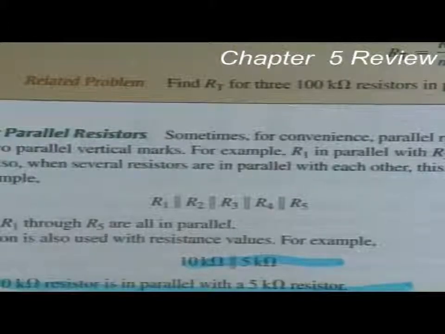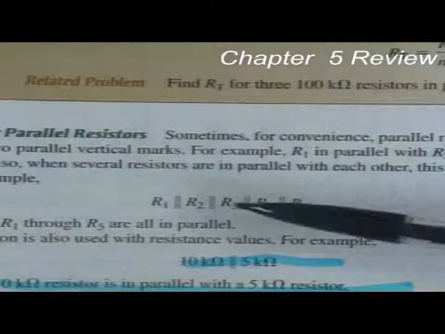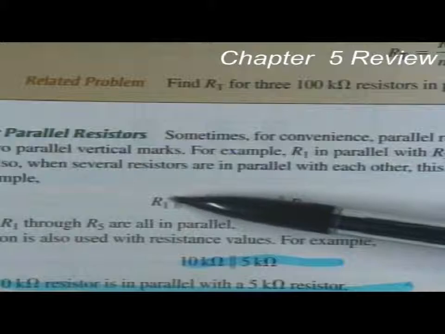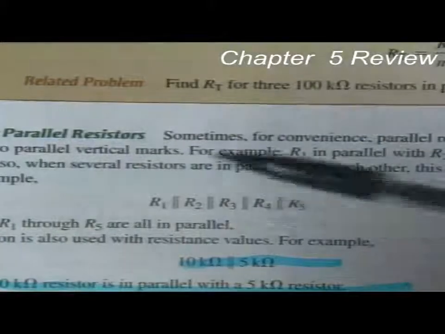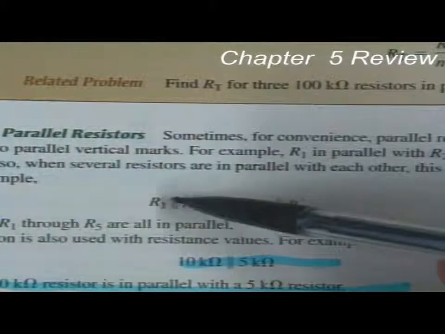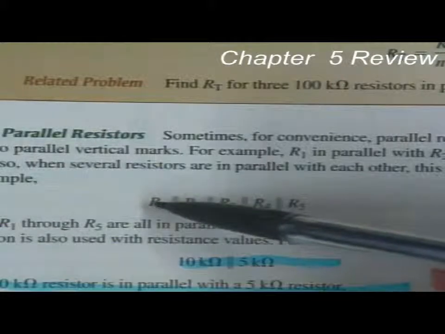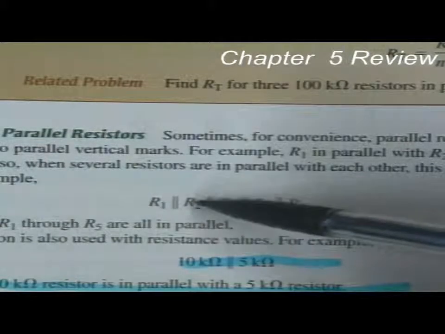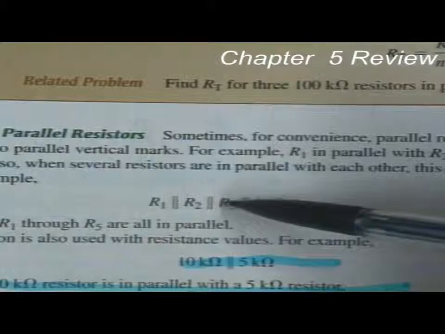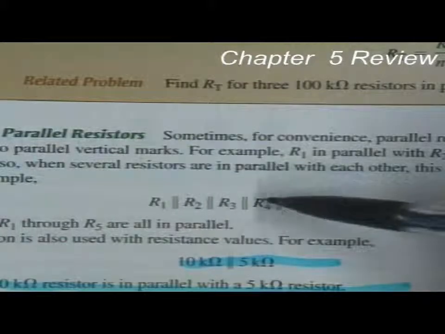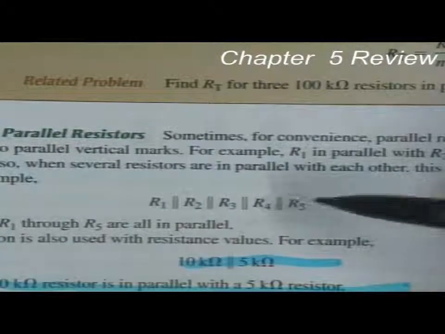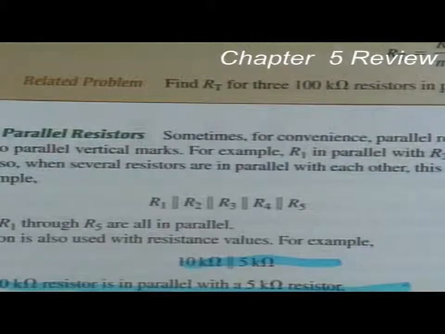Now let's look at resistors in parallel. One way to represent resistors in parallel is with this notation, where R1 with these two lines means the resistors are in parallel. So R1 is in parallel with R2, which is in parallel with R3, which is in parallel with R4, which is in parallel with R5. Well, we know that, don't we?